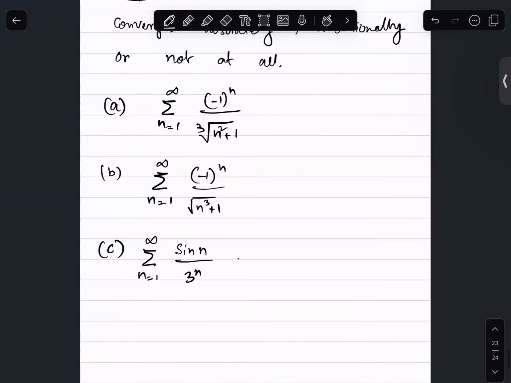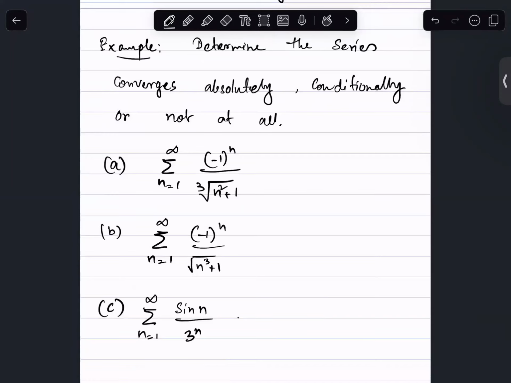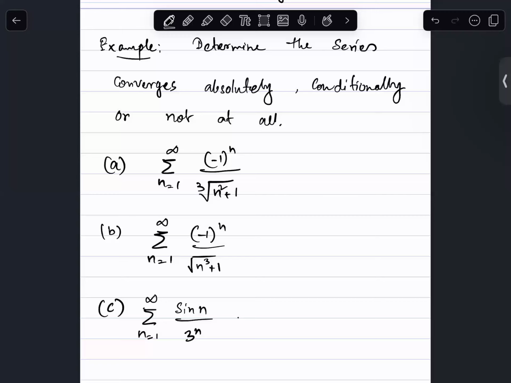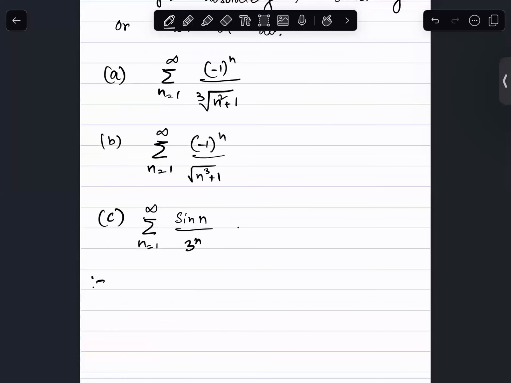In the last few examples, I'll try to discuss which series are absolutely converging, which are conditionally converging, and which are diverging. Okay, cool. So for example A, if I take modulus of an, then that will be just 1 over this.